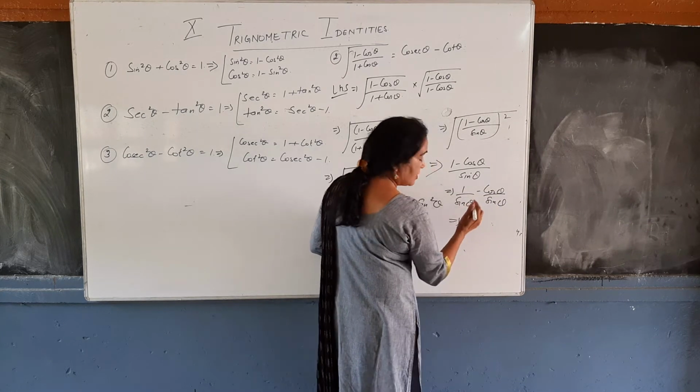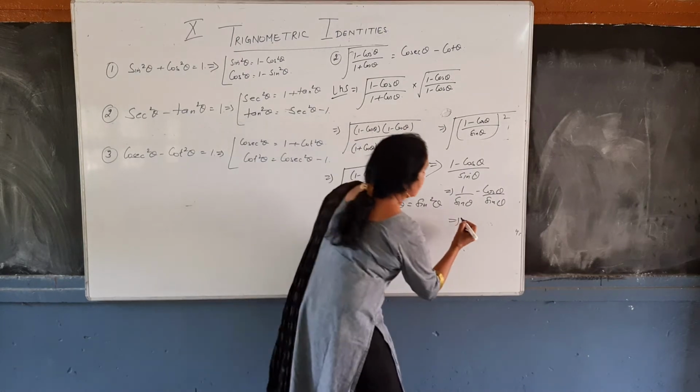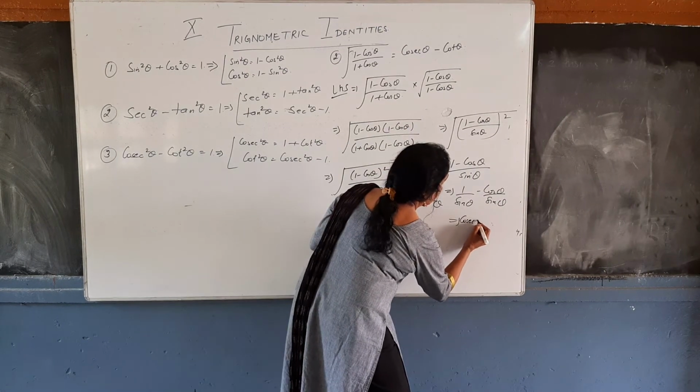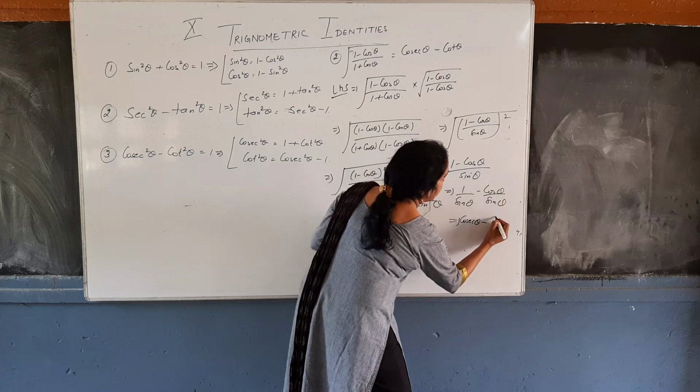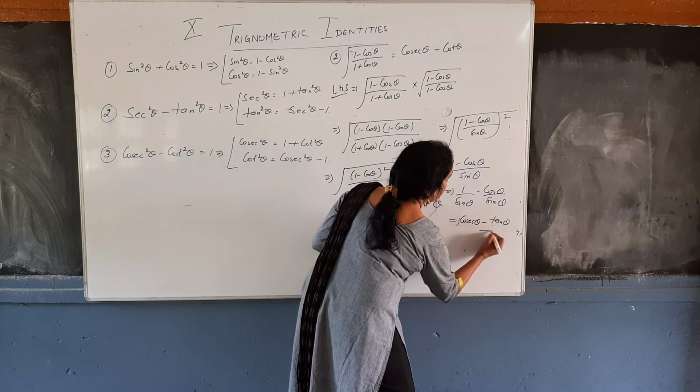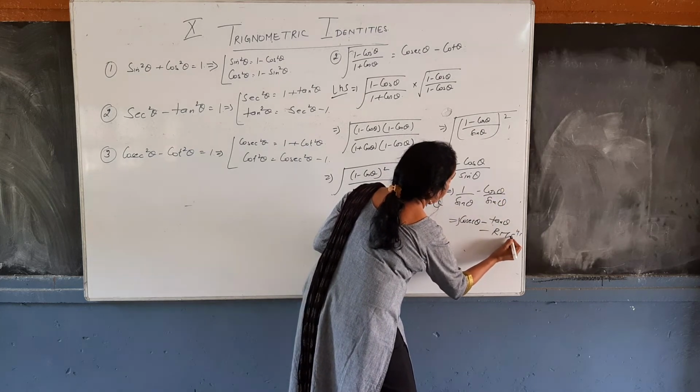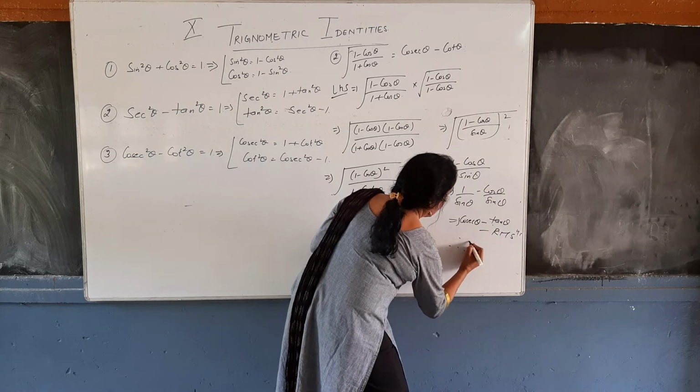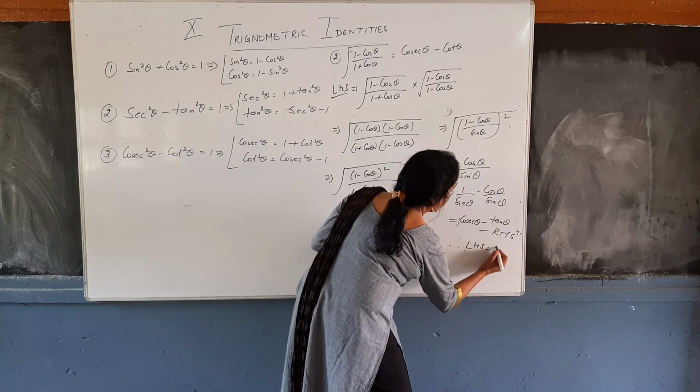And 1 upon sin theta is equal to cosec theta. Cos theta upon sin theta is cot theta. So this is our RHS. Therefore LHS equal to RHS.